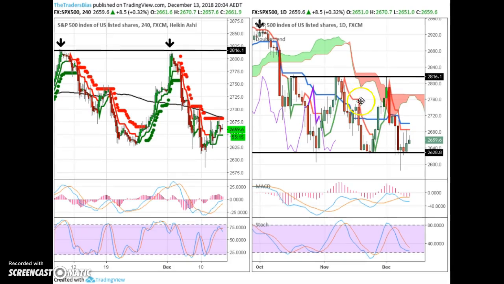This is the tight daily range that's been a distribution range because it's distributing above and below the Kijun's, and this support did hold here, so we just have to see if this support holds into the end of the week. It's certainly going to be interesting to see what it does. I'm expecting a bit of a rally, but it's very hard to say at this stage.